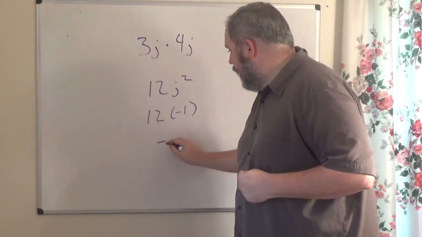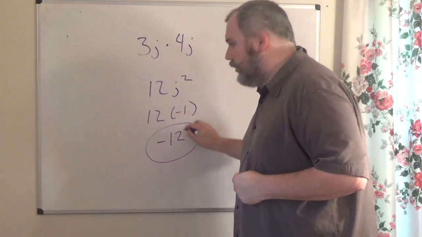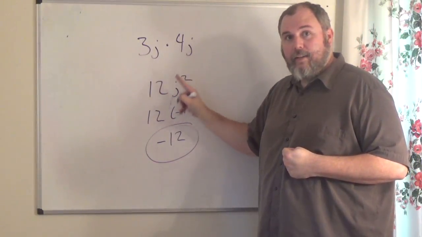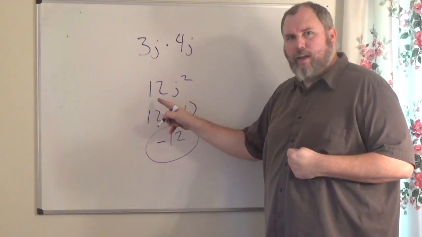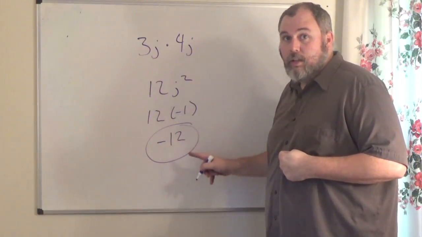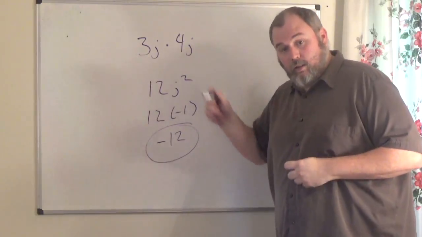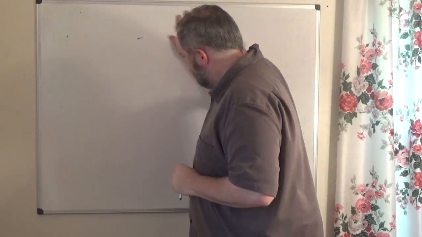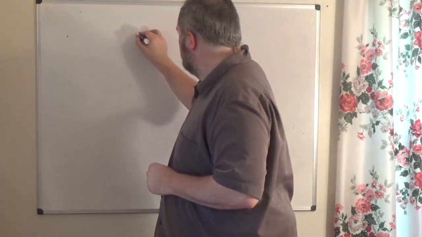So ultimately, my final answer is negative 12. 3j times 4j gives me 12j squared, or 12 times negative 1, or just negative 12. All right? Next.